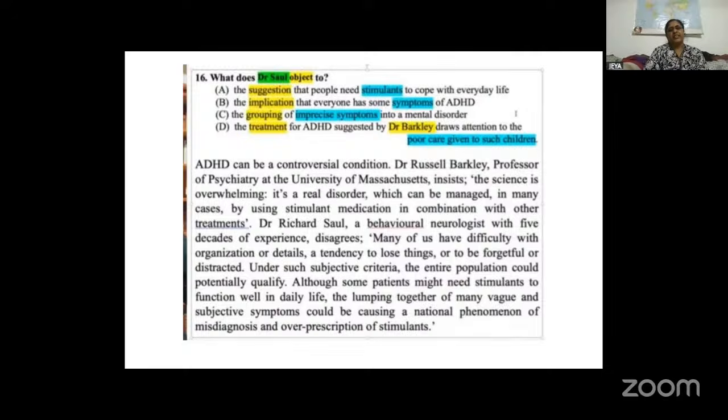So absolutes are not always applicable in opinion-based questions, but sometimes they can be applicable. So here it is right: the implication that everyone has some symptoms of ADHD.